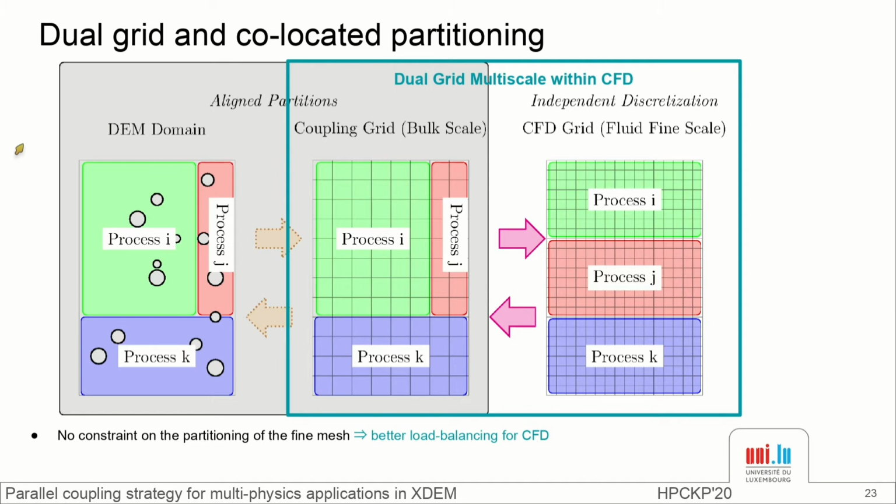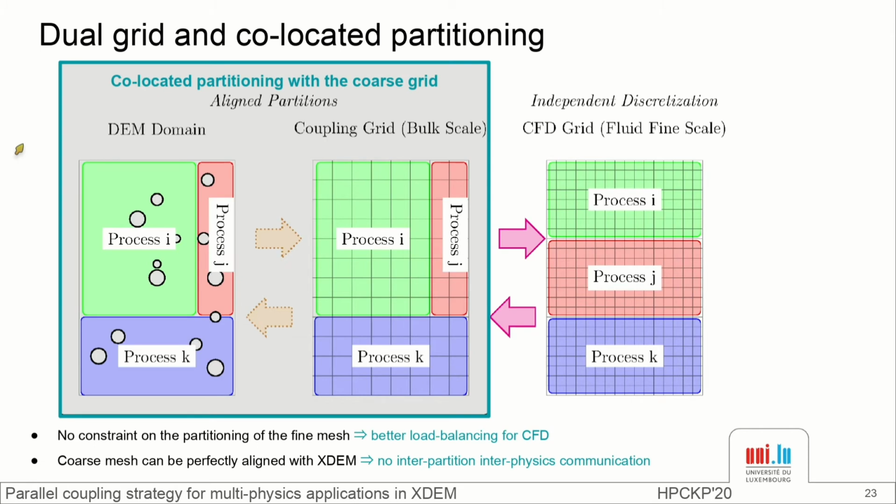Thanks to that, we avoid the alignment constraints that are required for the collocated approach. Between the coarse mesh and the fine mesh, we will do an interpolation of the physical values and the communication. But on the coarse mesh, we have perfectly aligned partitions between the coarse mesh and the DEM, which means we can completely avoid the interphysics communication at that layer.